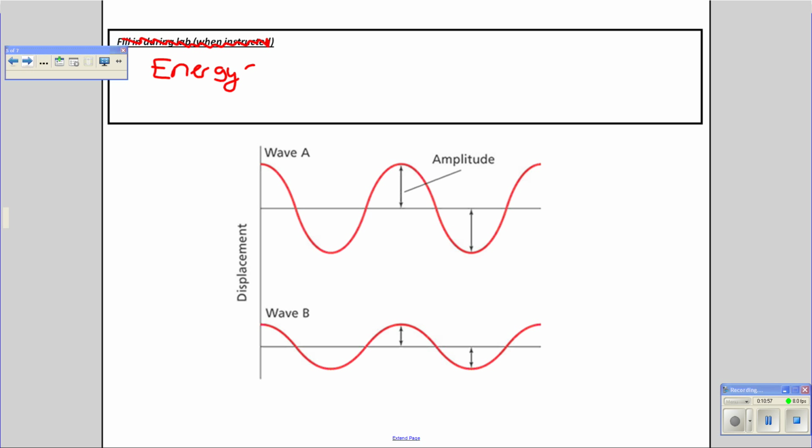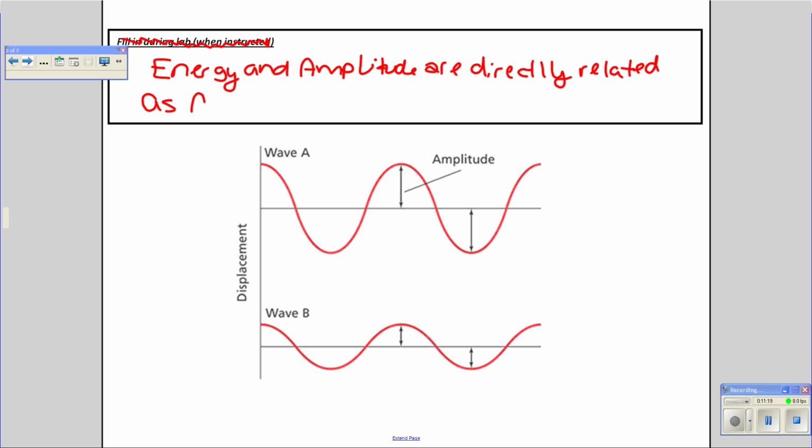Energy and amplitude are directly related, which means a direct relationship: as amplitude, which you will sometimes see written like this, I'm just going to shorten it down, as amplitude increases, energy of the wave increases.